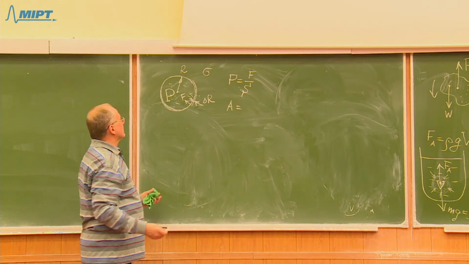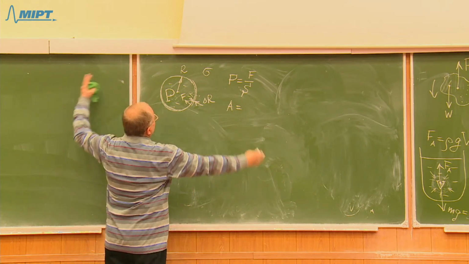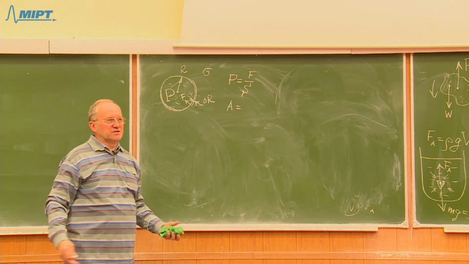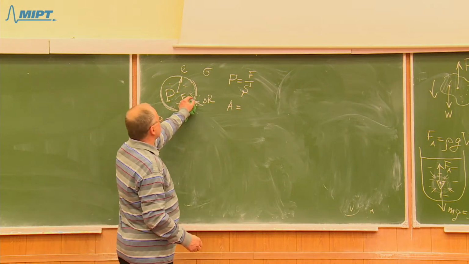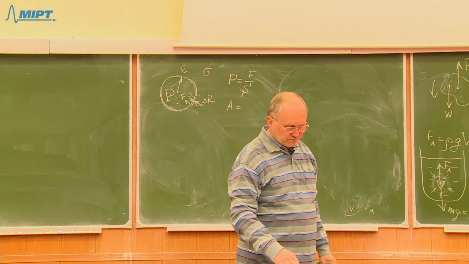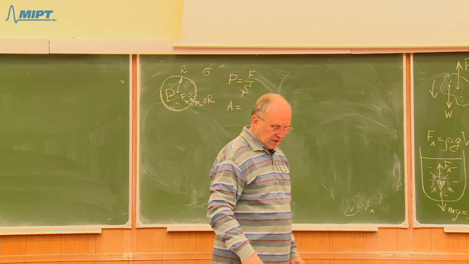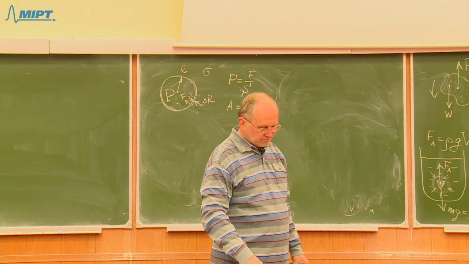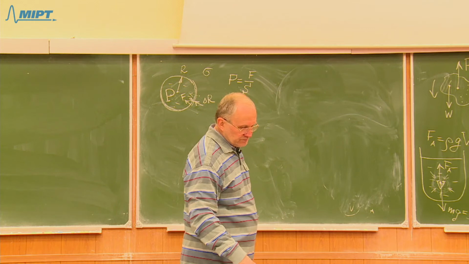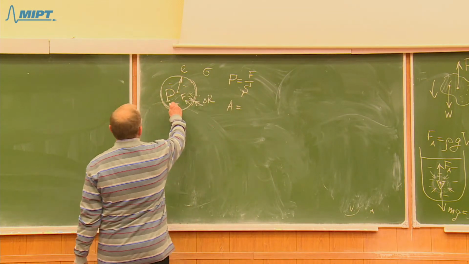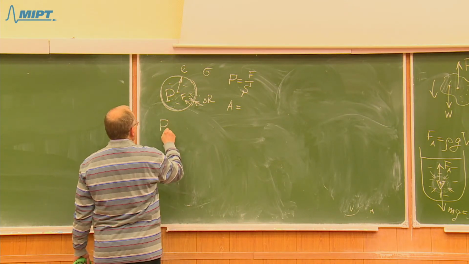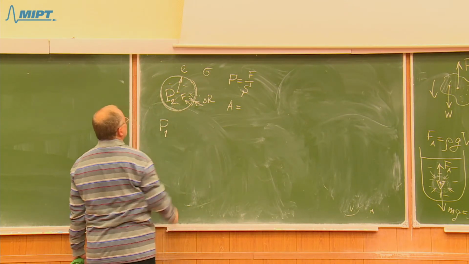I don't pretend that I can inflate this droplet to a larger droplet, just as if it was a gas. No, I just imagine that I change the radius by a very small amount. There is a pressure inside the droplet and pressure outside the droplet. Let pressure outside be P1 and pressure inside be P2.